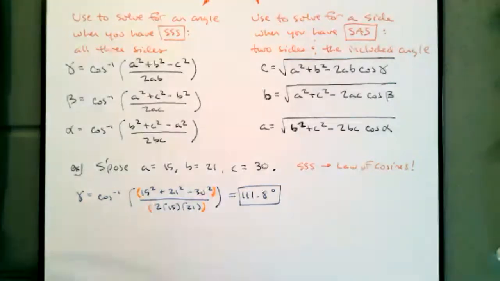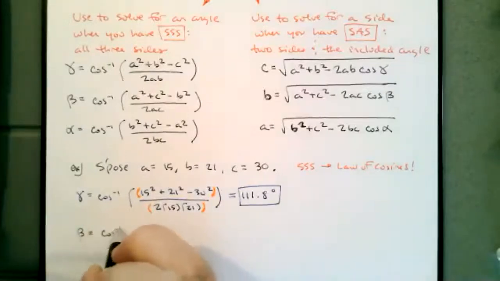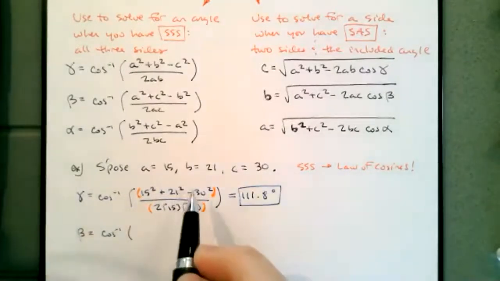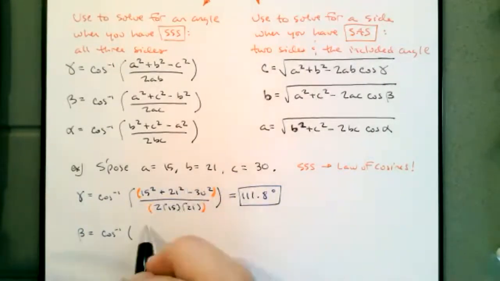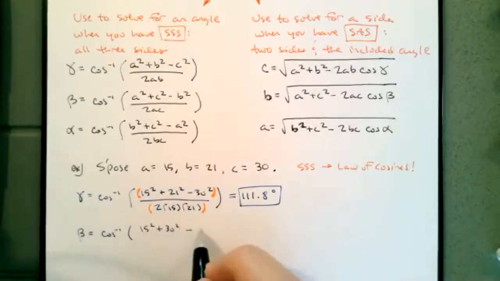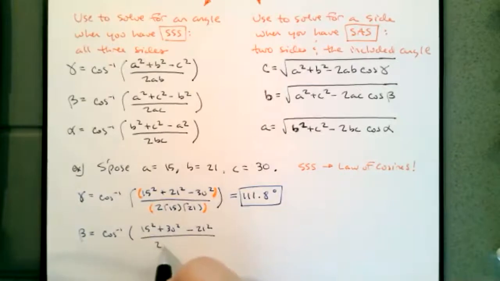So I'm just going to use the law of cosines again. So beta is going to be the cosine inverse of a squared plus c squared minus b squared. So 15 squared plus 30 squared minus 21 squared divided by 2 times 15 times 30.